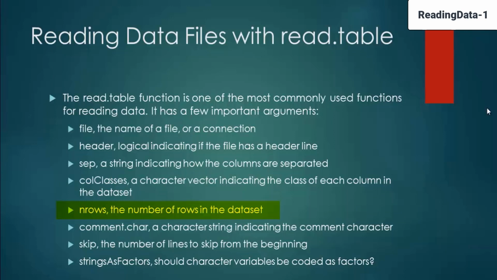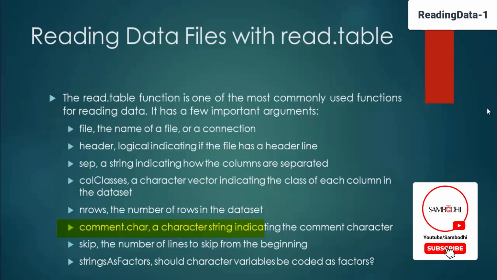comment.char, which is a character string. Again, this indicates the comment character. Like I said, the hash key can be used to write comments in any table. So if there are, say, 7 rows in a table and you have a comment which tells you the function of each of those columns, these comments will be marked by hash, and comment.char will tell you which is the comment character.